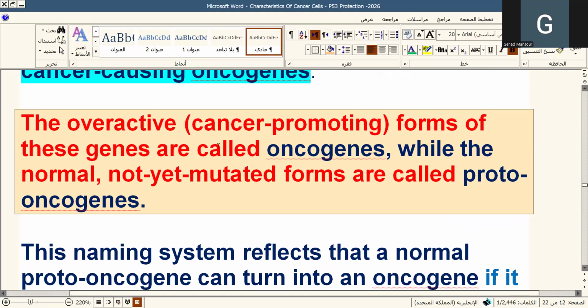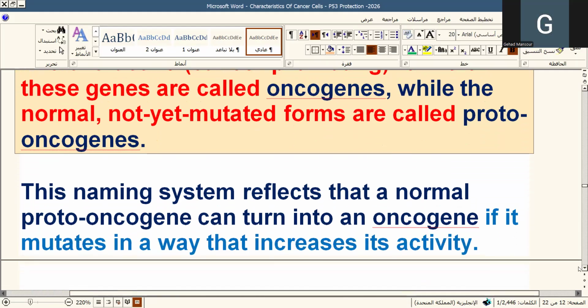So what are oncogenes? The oncogenes are the mutant forms of the proto-oncogenes, or the cancer-promoting forms of the proto-oncogenes. The overactive cancer-promoting forms of these genes are called oncogenes, while the normal non-mutated form of the genes is called a proto-oncogene.